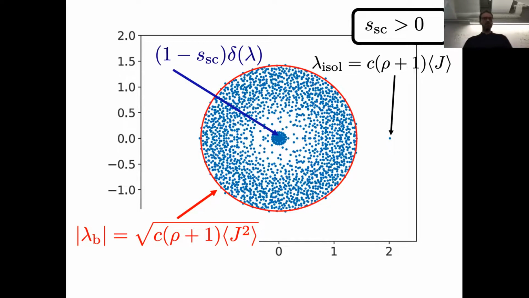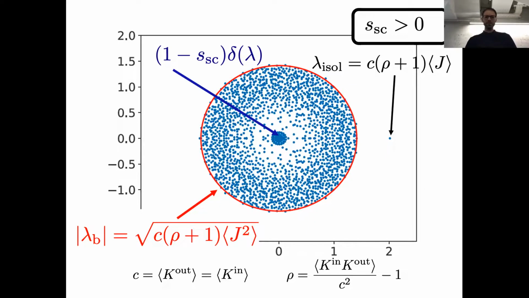This one is given by C times rho plus 1 times the average of the weights J. So what is C? Well, C is just the mean out and indegree. And rho depends on the correlations between in and out degrees.